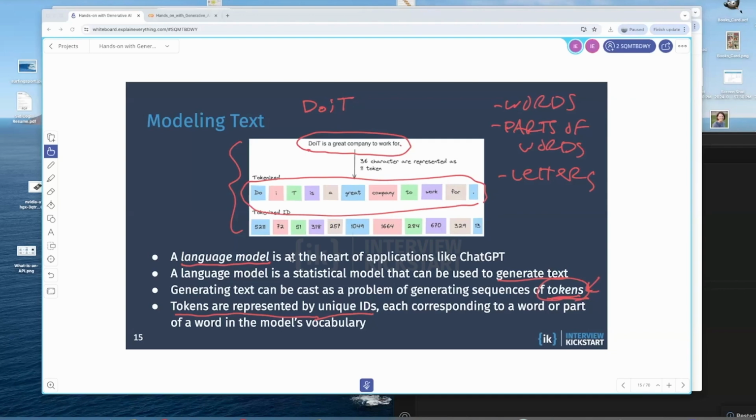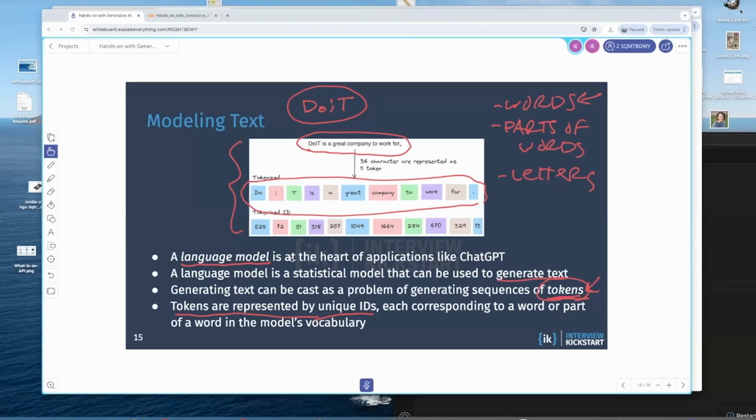Now, things like "is a great company," those are all common words, right? And so those common words might be words that are in my vocabulary. But something like "do it," spelled capital D, small o, lowercase I, capital T, is the proper name of this company. That's probably not in my vocabulary.